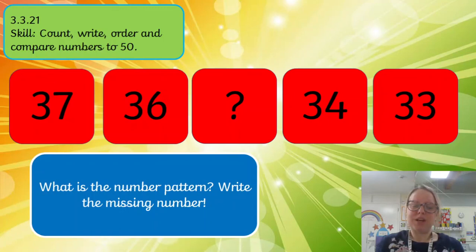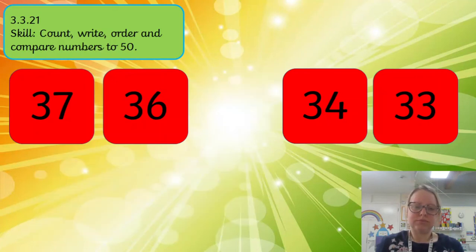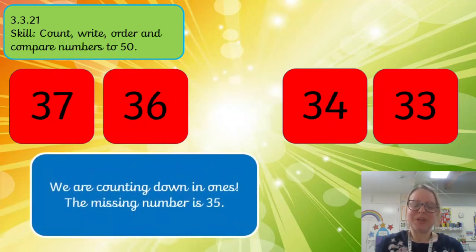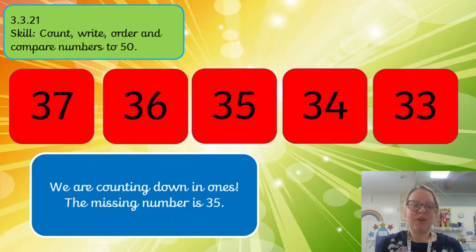Write that number down. So we are counting down this time in ones. The missing number is 35: 37, 36, 35, 34, 33.